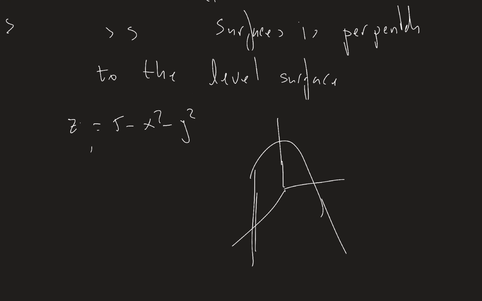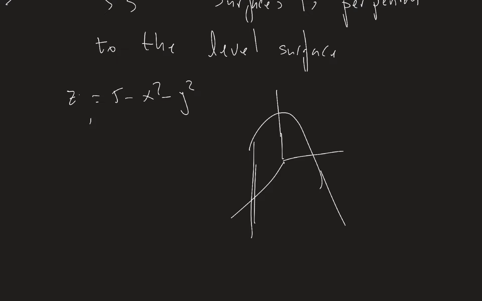What happens if I intersect this function with the plane theta equal 5? The plane theta equal 5 is the plane that is parallel to the plane xy with height 5.